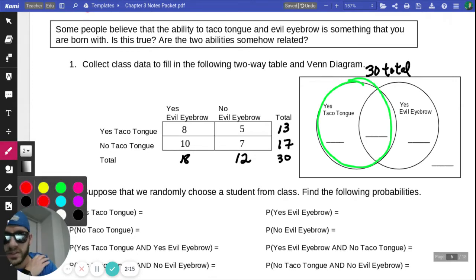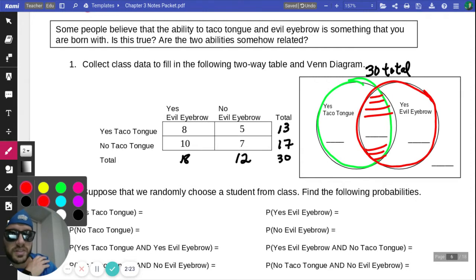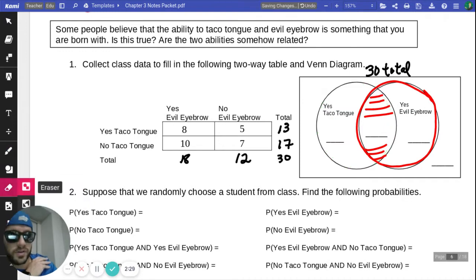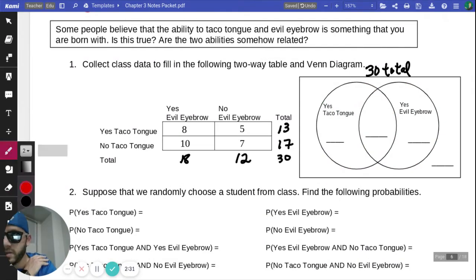The whole right circle is going to be people who can do the evil eyebrow. So the overlap in the middle here is going to be people who can do both. There are 8 people who can do both.